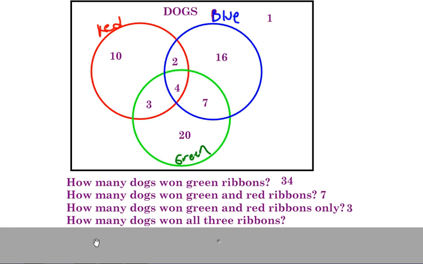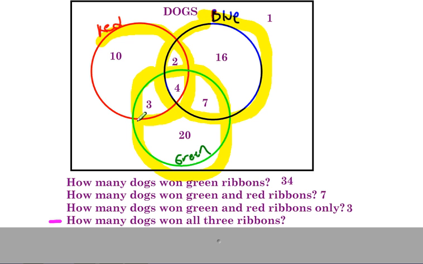Okay, our next scenario, how many dogs won all 3 ribbons? If they won all 3 ribbons, we want to find out where all 3 intersect. Here's the green circle, here's the blue circle, and here's the red circle. Where do all three circles meet? That's right here, your 4. So let's look at it without the highlighter.